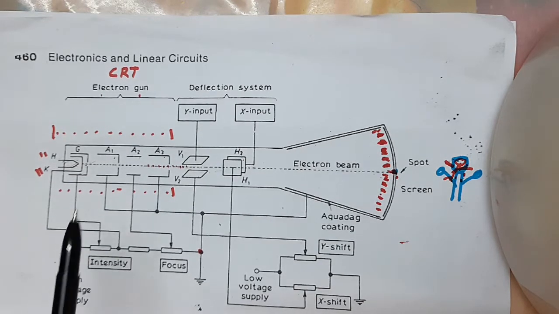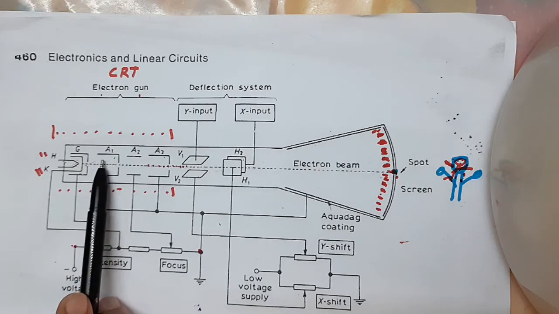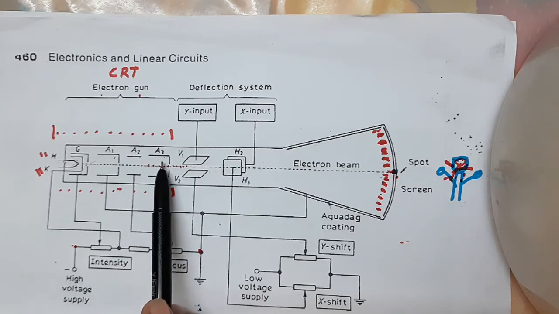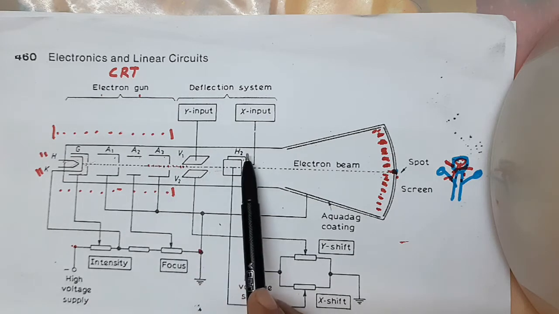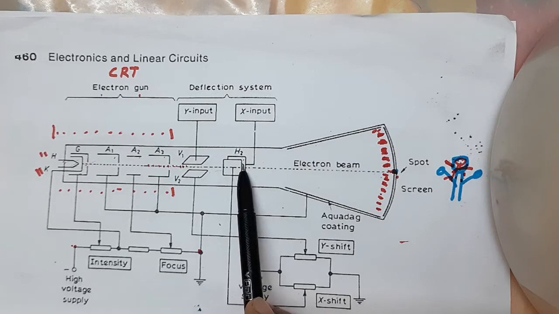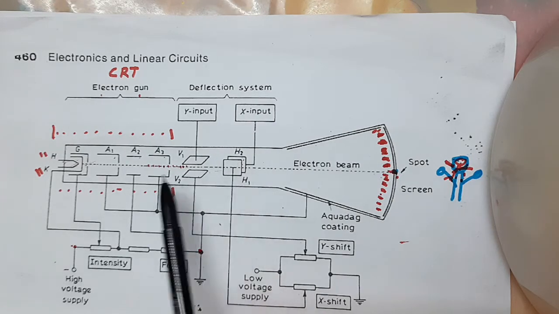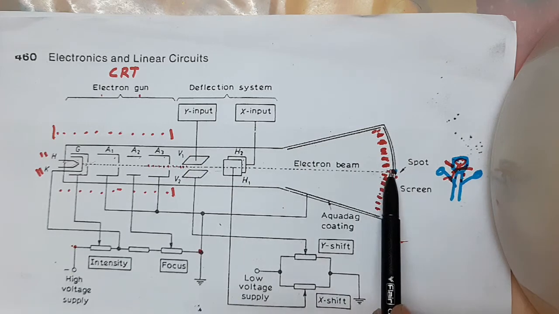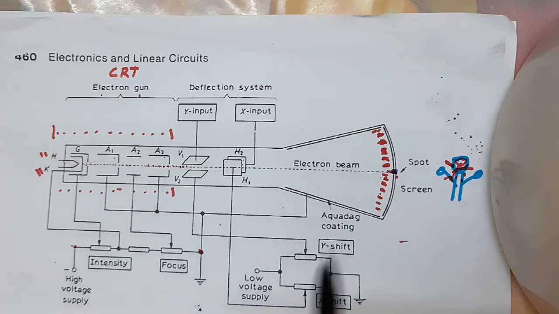The first one is the focusing anode, the second one is the accelerating anode, and A3 is our final anode. V1, V2, H1, H2 are the vertical and horizontal deflecting plates, and through these the beam of electrons strikes on the screen of the CRO.